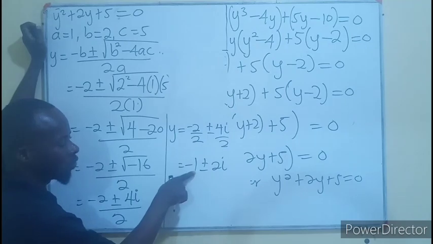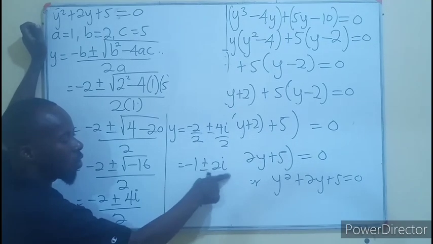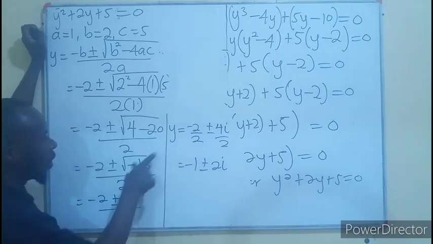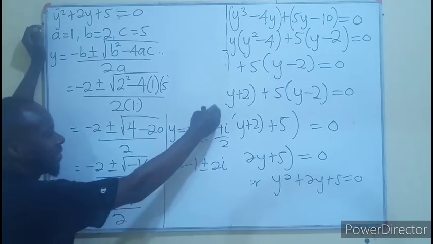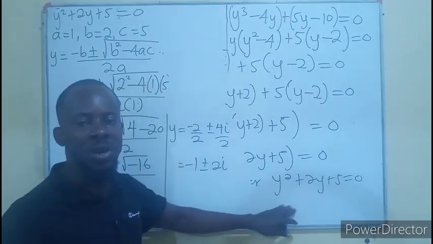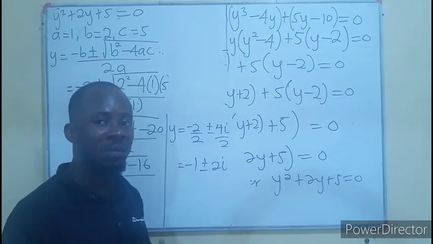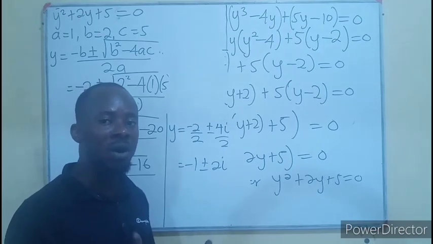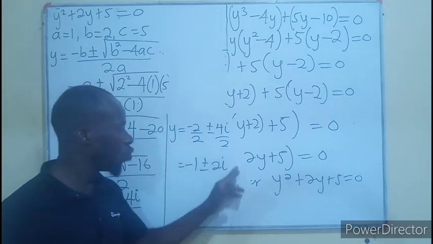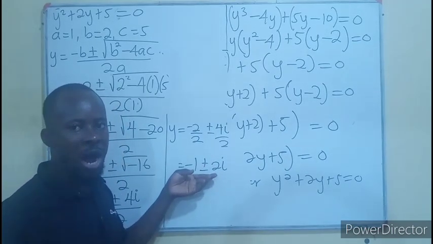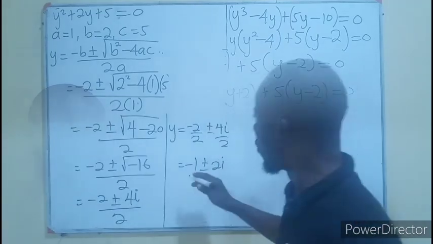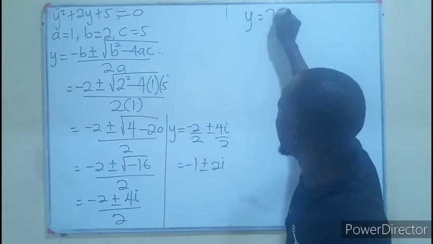So either minus 1 minus 2i or minus 1 plus 2i are going to be the values of y in the second aspect, taking this quadratic equation. But don't forget, the question was demanding for x to be a real number. So that means that we may not be able to equate this to our 2 exponent x. We are only going to pick y, which is equal to 2.